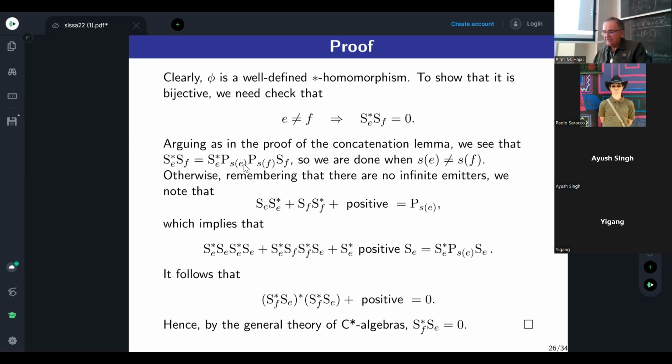With the first term, I obtain SE star SE times SE star SE. Then I have SE star SF times SF star SE. On the right-hand side, I have SE star PSE SE. First, you observe that this is nothing but PTE squared, which is PTE.